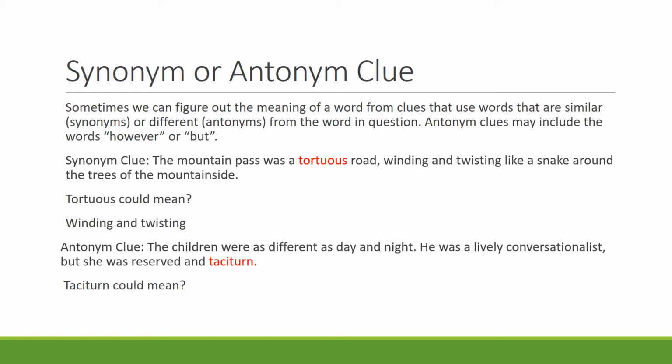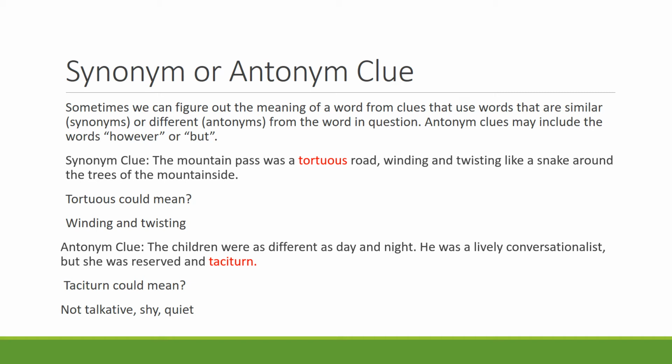By comparing the children to day and night, we also know that they will be two different types of people. If one of the children is lively, the other one is reserved. Taciturn could possibly mean that she is not talkative, she's shy, also she's quiet.